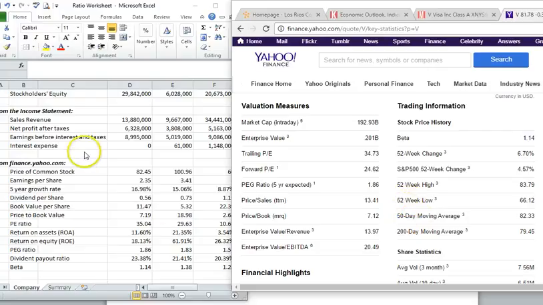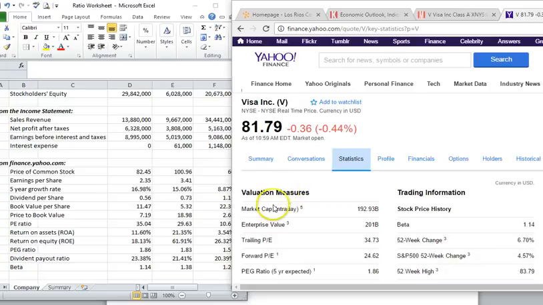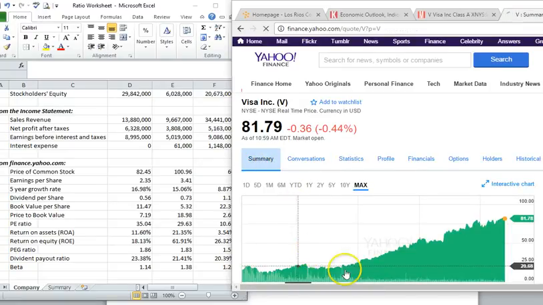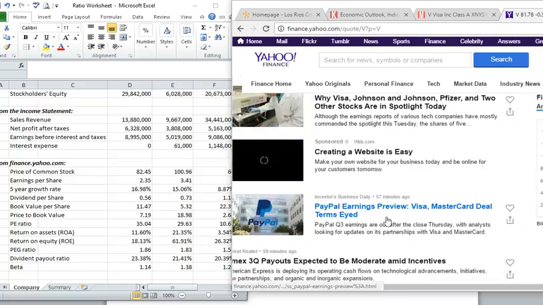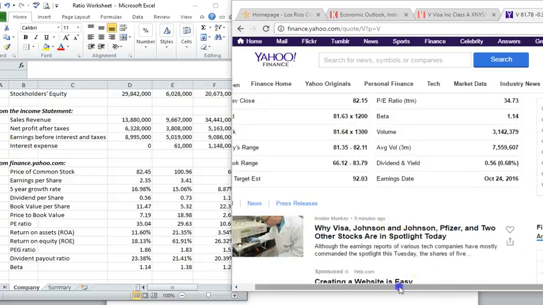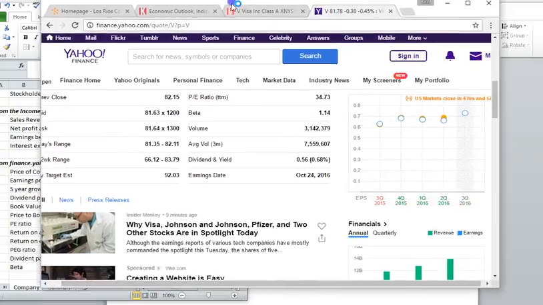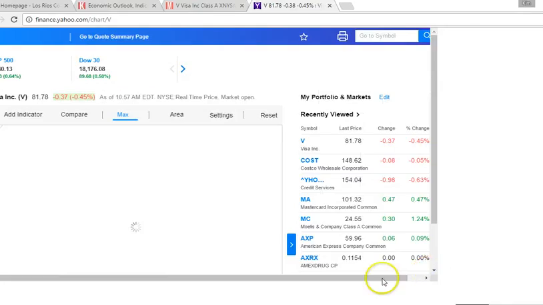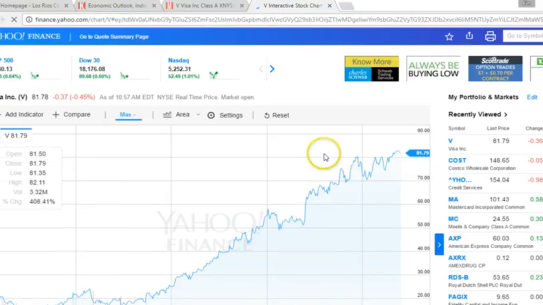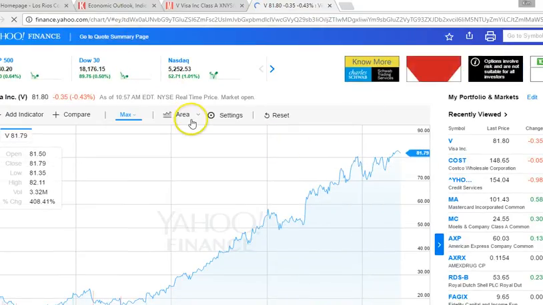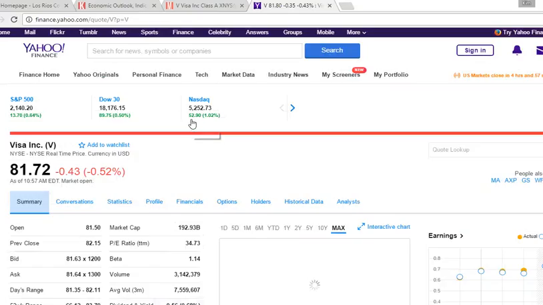Okay, so now I've told you how to collect this information except for the 5-year growth rate. So in order to collect the 5-year growth rate, you're going to click back on the summary page here. I must have clicked something inadvertently. So I'm going to go back to the summary page.